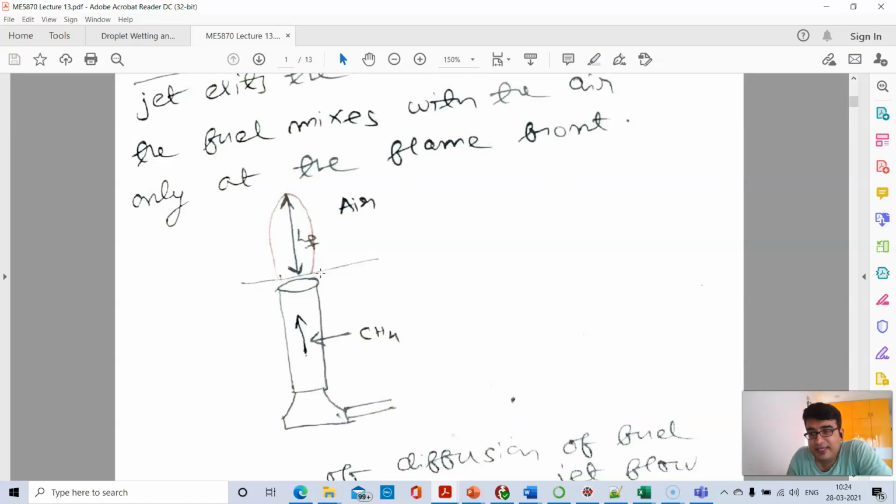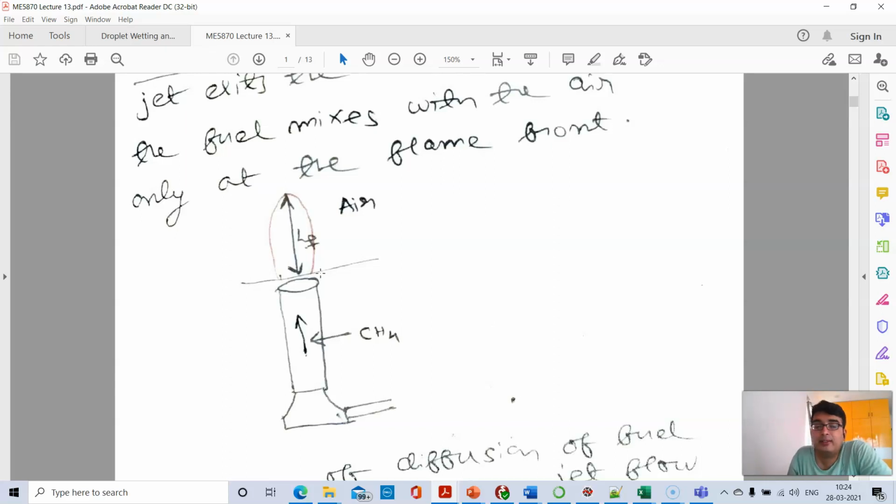Diffusion flames are significantly more common than premixed flames because in many liquid or solid combustion processes, where you are burning charcoal, coal, liquid kerosene, or wax in a candle flame, what you are getting are non-premixed flames.